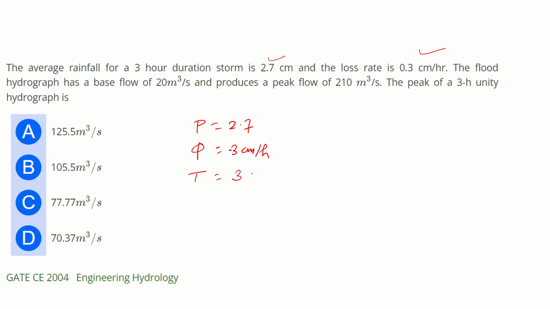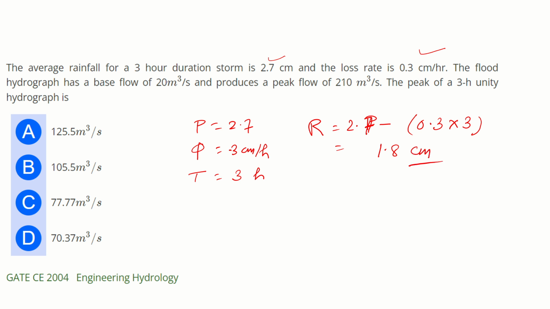So what will be the runoff? Runoff is P minus 0.3 multiplied by 3. So P value is 2.7. So it will be 1.8 centimeter.